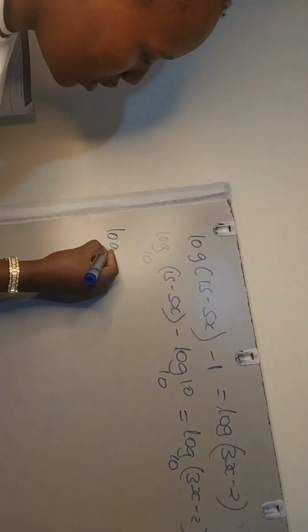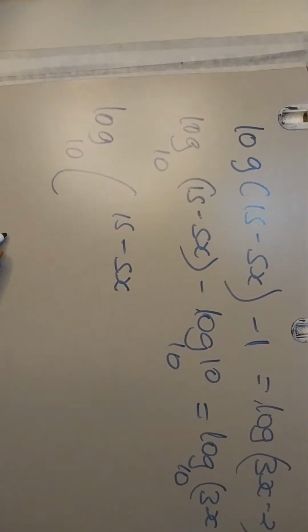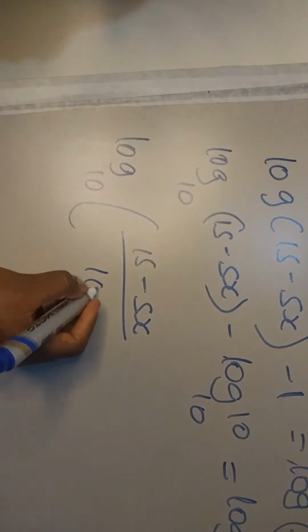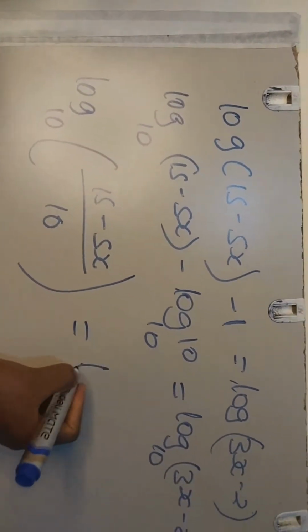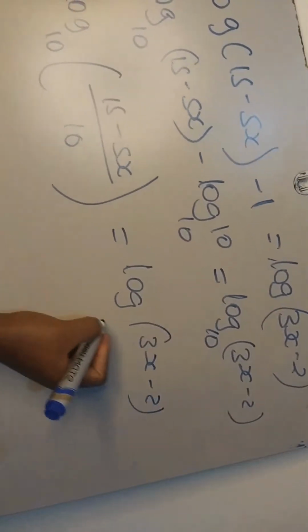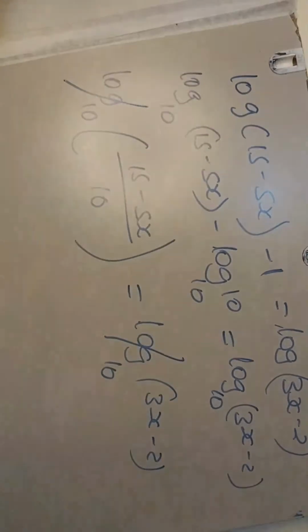Okay, log to base 10 of 15 minus 5x, minus, all over 10, is equal to log 3x minus 2 to the base 10. After doing that, we now go on and cancel the logs.